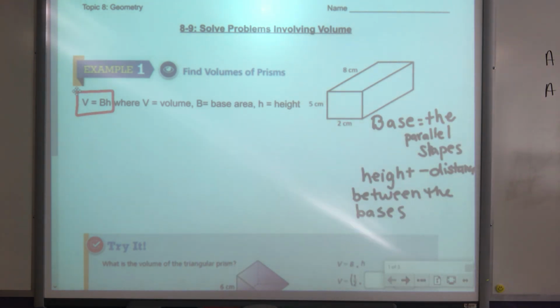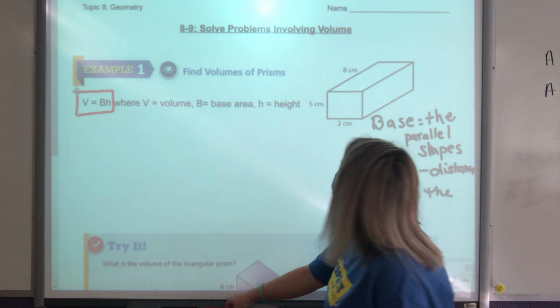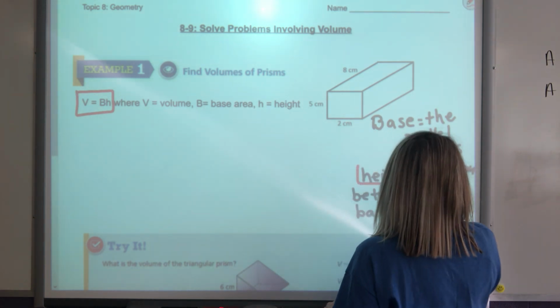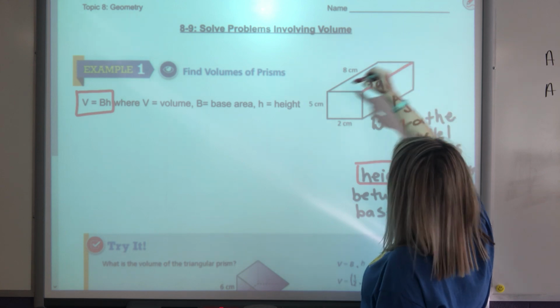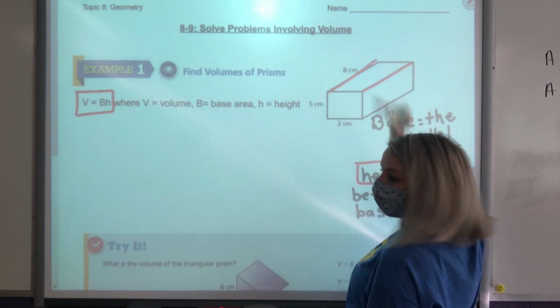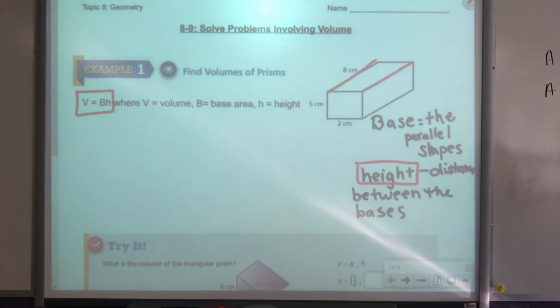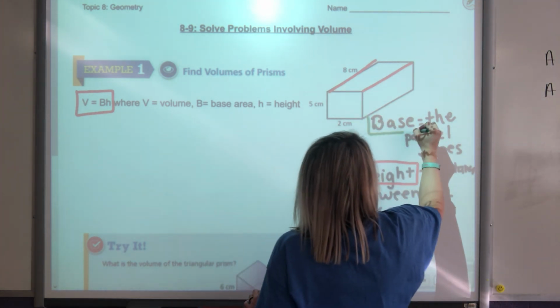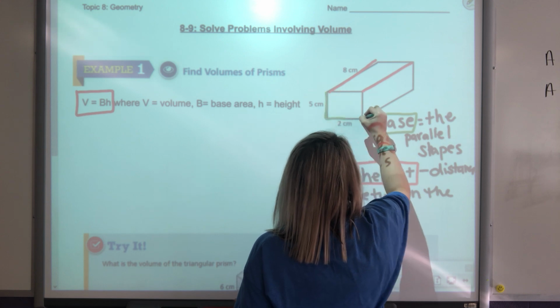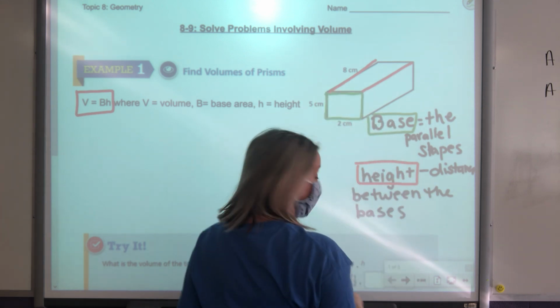So you look for the two parallels, and then you find the distance between them. So this measurement here, we would consider to be the height. And then in green, this here, we're going to consider the base.